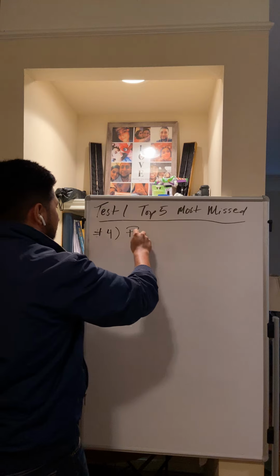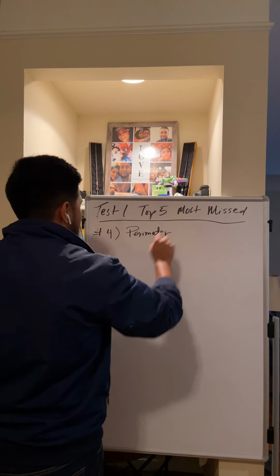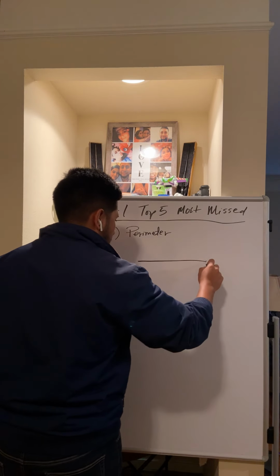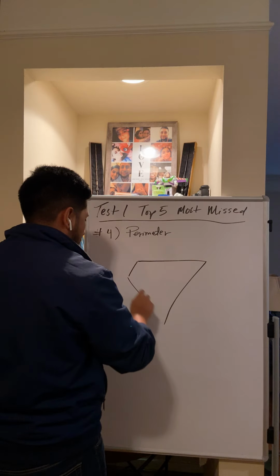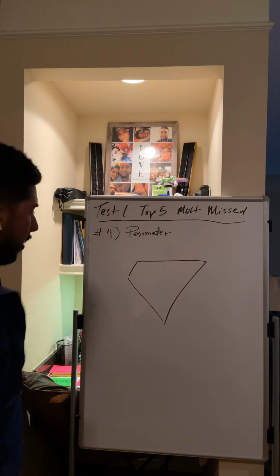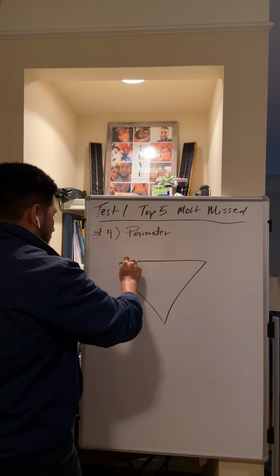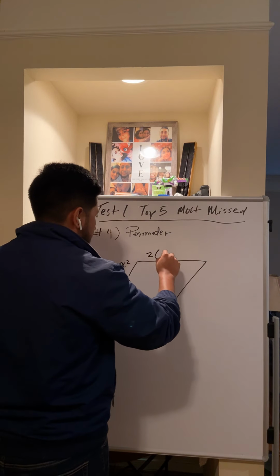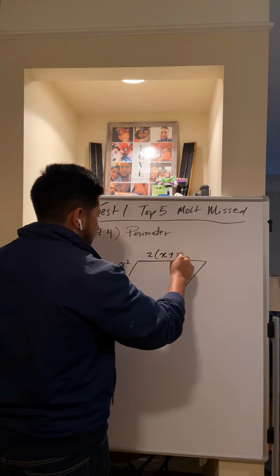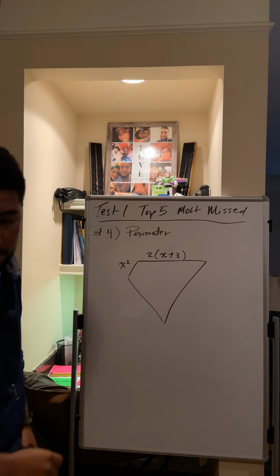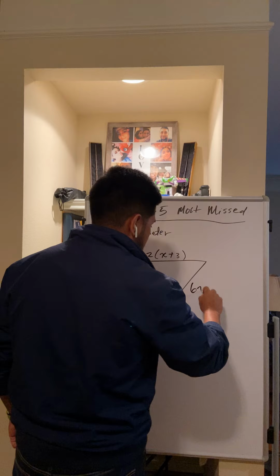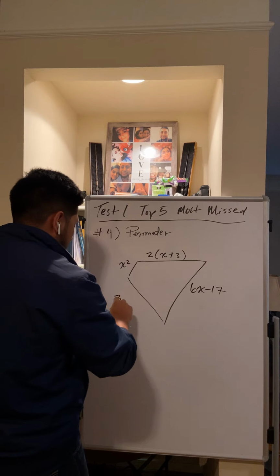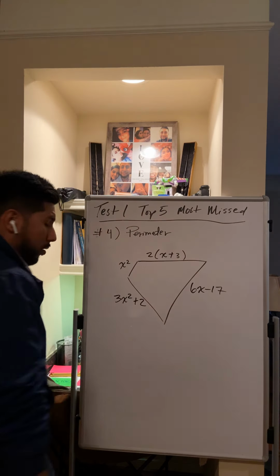Is about perimeter. Kind of disappointed we're missing this one, but that's okay. x squared, 2 parentheses x plus 3, 6x minus 17 and then 3x squared plus 2.